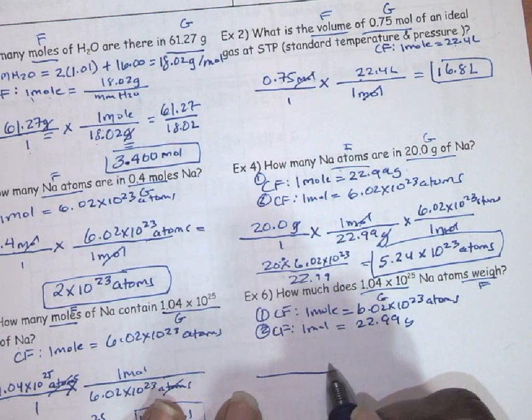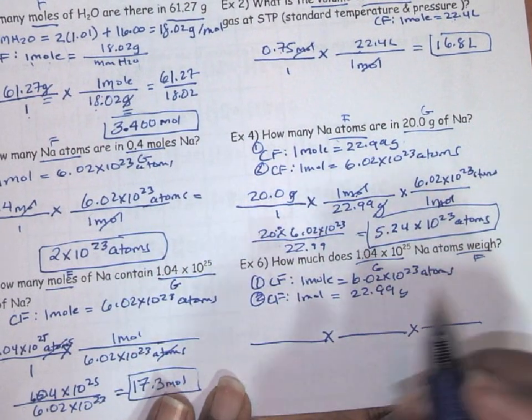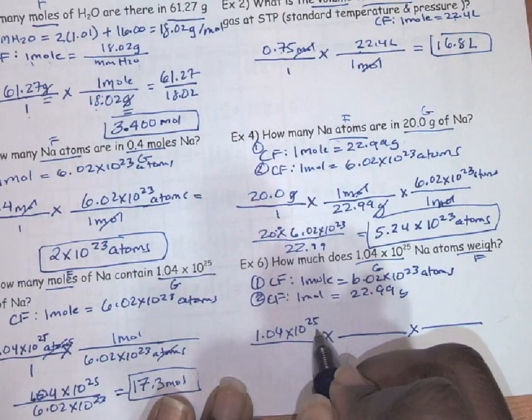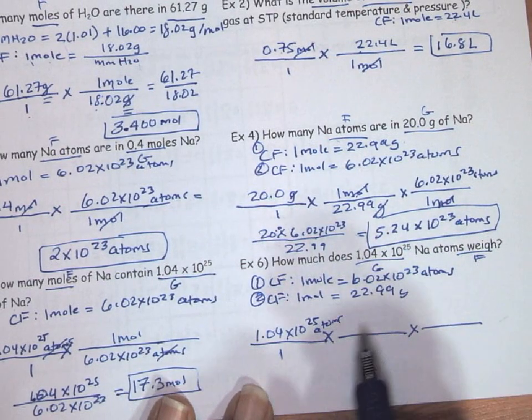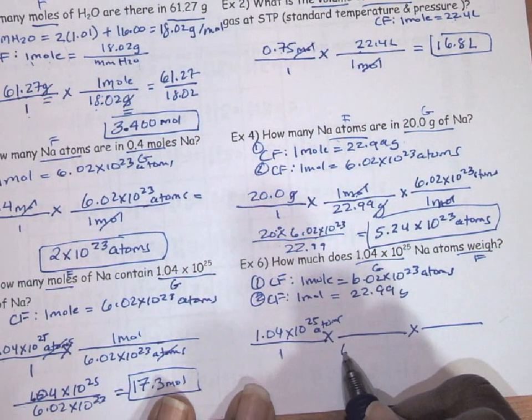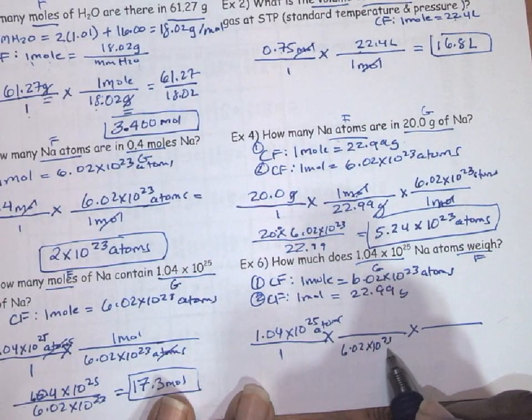All right, so set up our 3 fractions here. In the first fraction, I'm going to put my given, 1.04 times 10 to the 25 atoms. And in the second fraction, I'm going to use my 1 mole equals Avogadro's number. I'm going to put Avogadro's number in the bottom so that the units of atoms can cancel out.